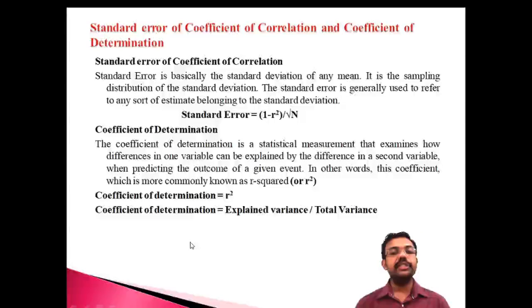The coefficient of determination is a statistical measure that examines how the difference in one variable can be explained by the difference in a second variable. How can we explain the difference in one variable using another variable? For that we use the coefficient of determination. In other words, the coefficient of determination is also R square. The coefficient of determination always represents R square.